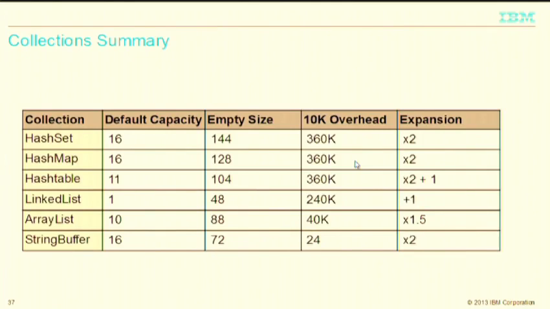If I put an extra item in, I only pay for my extra item. I'd never have to pay for empty space. Array lists, they grow by 50%. And string buffers, they double. So again, the only way to really know how it's going to grow is to look it up in a book, or if you've got access, go and look at it in the code.